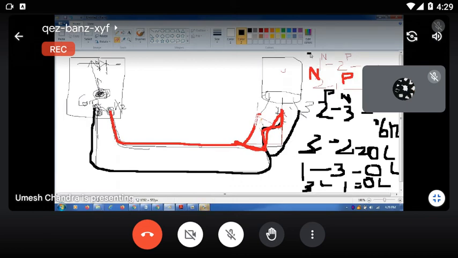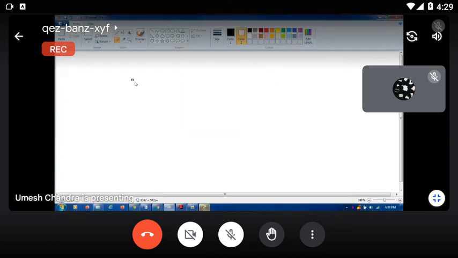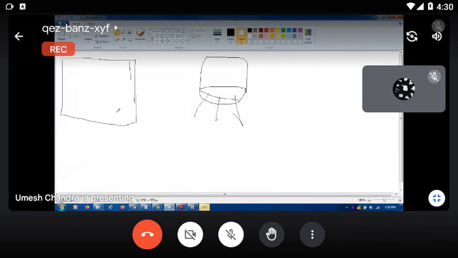Just look at the 2 here: 1 to 2 and 2 to 3, you got some voltage. Again I am saying, P terminal, and this is the multimeter. This is the diode symbol on the multimeter rotary switch, and the black is connected with terminal number 1, and the red is connected with terminal number 2.